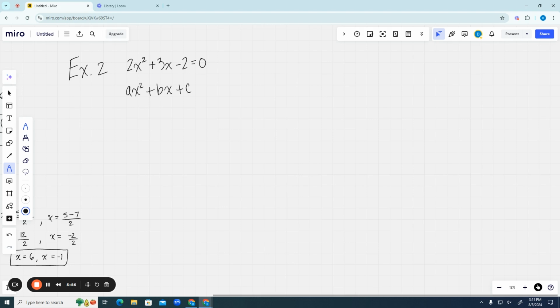So if you want to label all of your pieces, A is 2 here, the B will be 3, and the C will be negative 2. So then we can start writing our quadratic formula. And just writing it multiple times will help you remember it. And then we'll just fill in the pieces of information that we have.